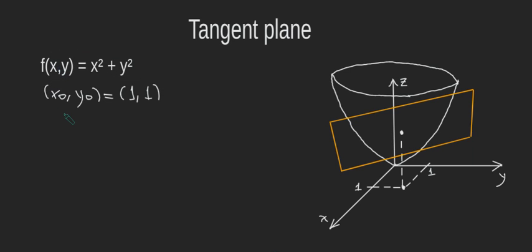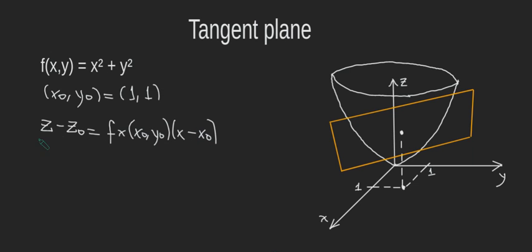So let's start. First of all, we need to know what is the equation for the plane. The equation is z minus z0, where z0 is this value for z here, equal to the derivative of f with respect to x at the point x0, y0, times x minus x0.